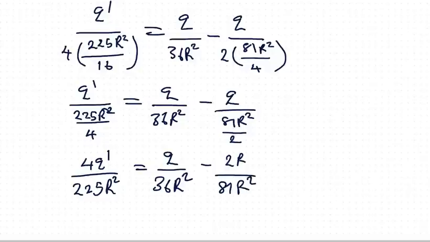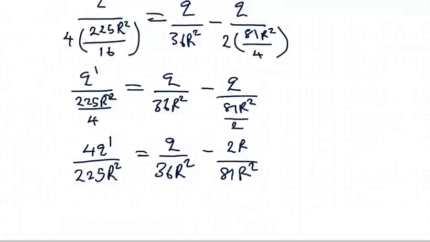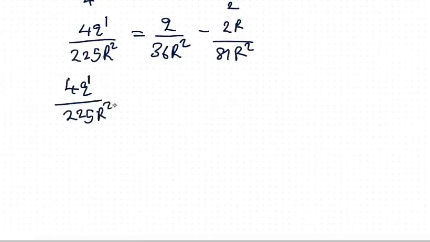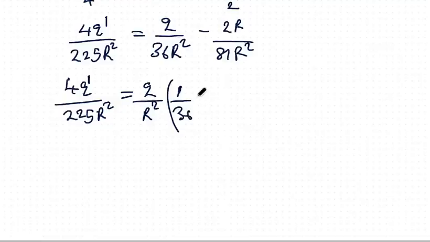At this point, you can factor out some things, and I have 4q prime divided by 225 r squared is equal to q divided by r squared into 1 divided by 36 minus 2 divided by 81.